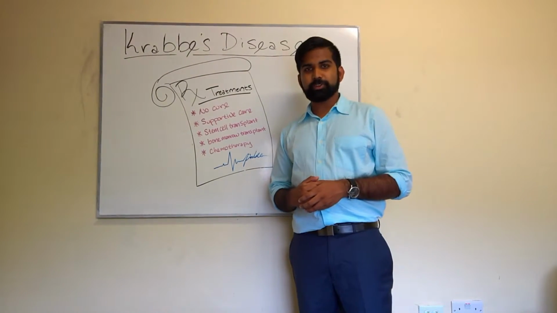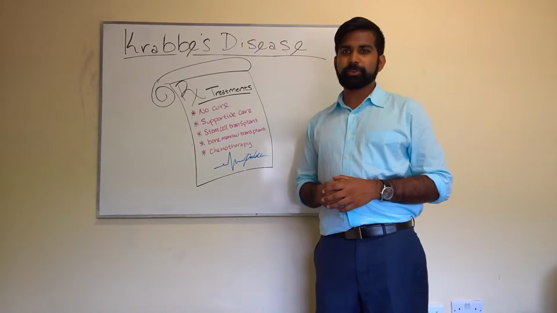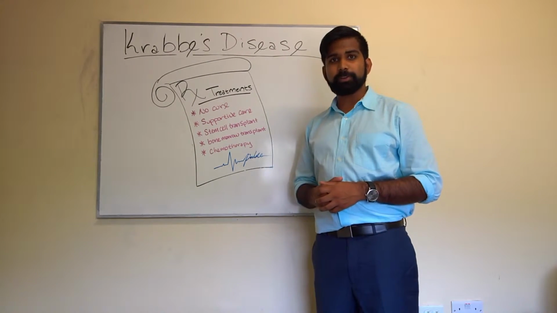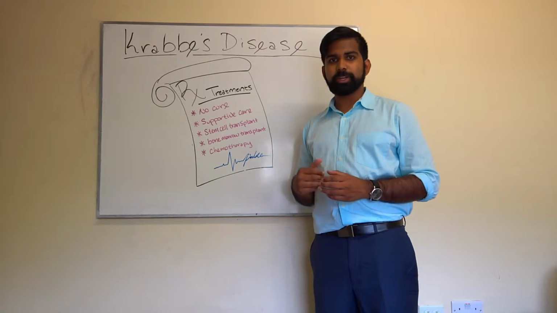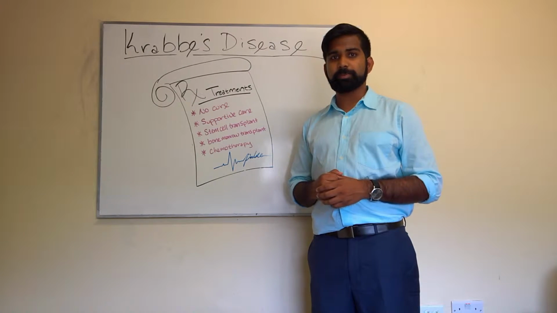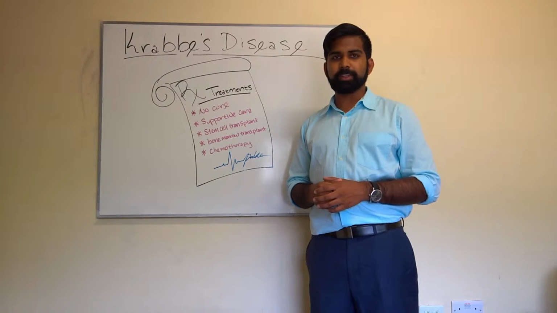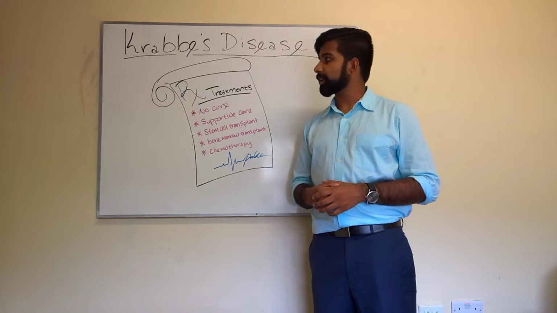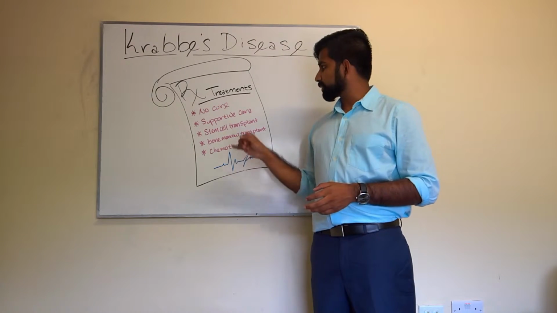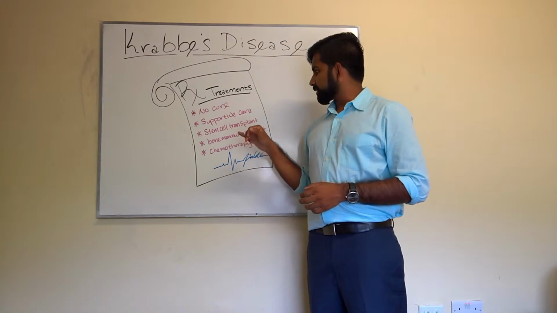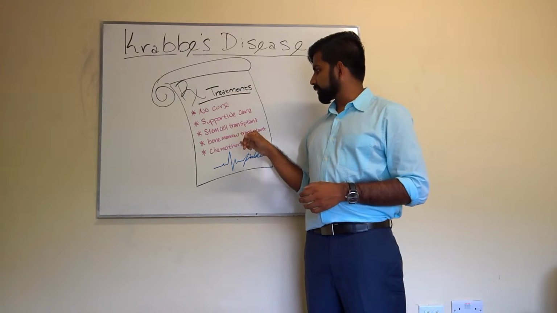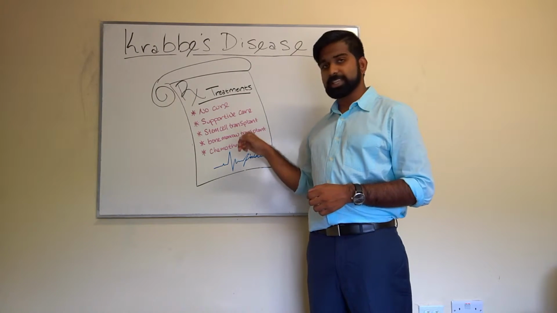So how do you treat Krabbe's disease? Unfortunately, there's no cure for Krabbe's disease. However, you are able to treat the underlying symptoms to a certain extent to maybe give the patients a better quality of life. Some of these treatments include supportive care, stem cell transplants, bone marrow transplants, as well as chemotherapy.